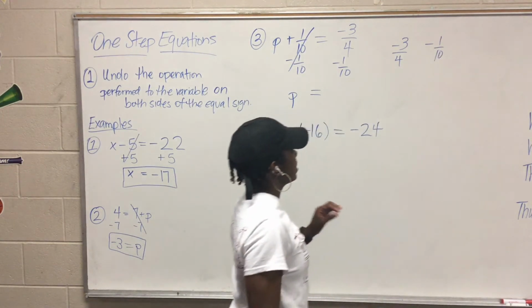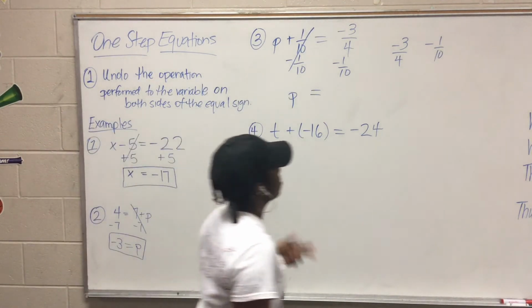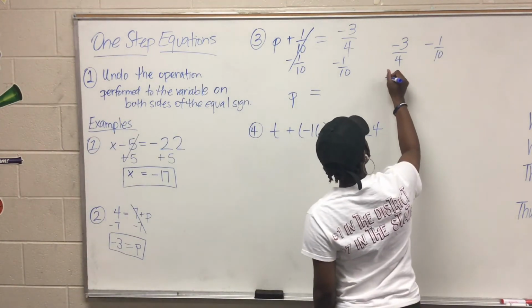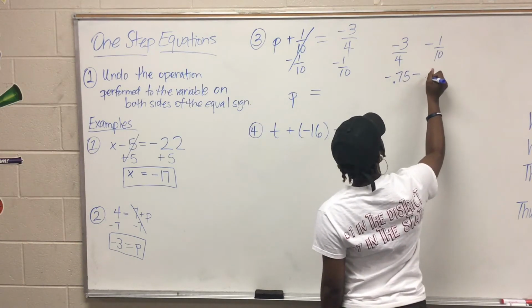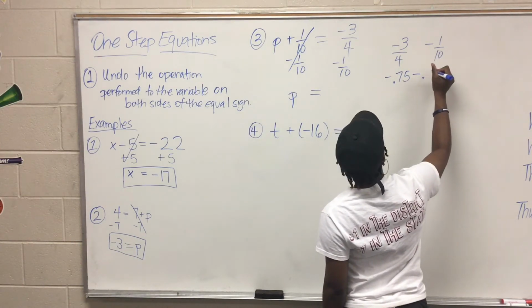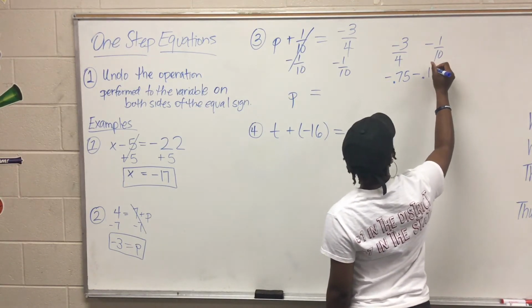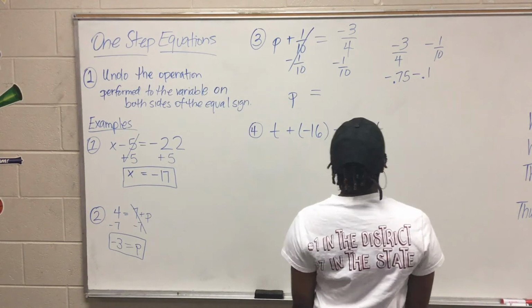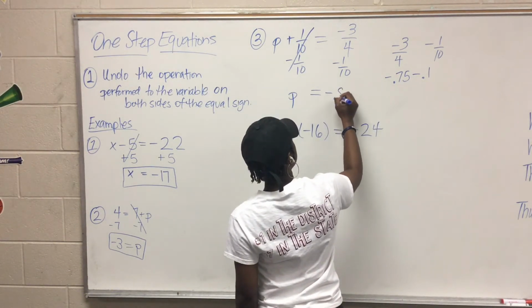Now, you can either find a common denominator and subtract that way, or you can turn these into decimals. So that's negative 0.75 minus 0.10, or 0.1, which will give you negative 0.85.